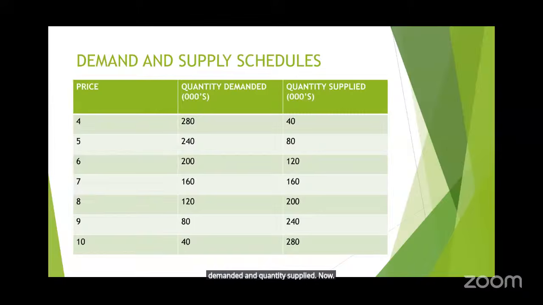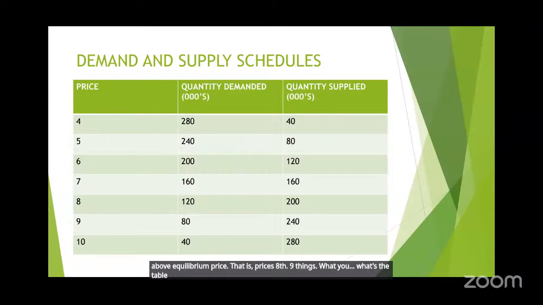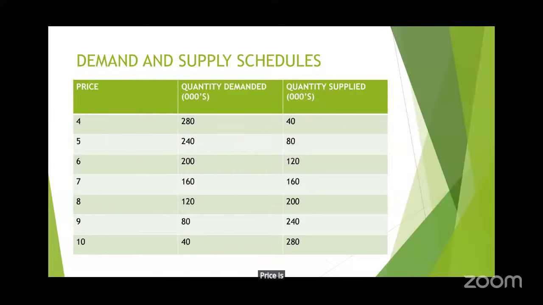Now, if we move further, you will notice what happens at prices above the equilibrium price. That is prices 8, 9, 10. Watch the table with me. Prices 8, 9, 10. What did you see?